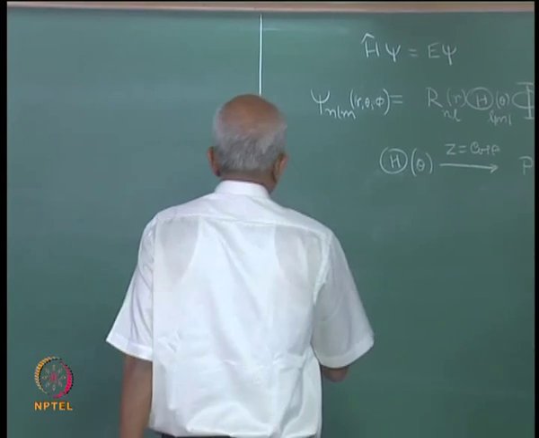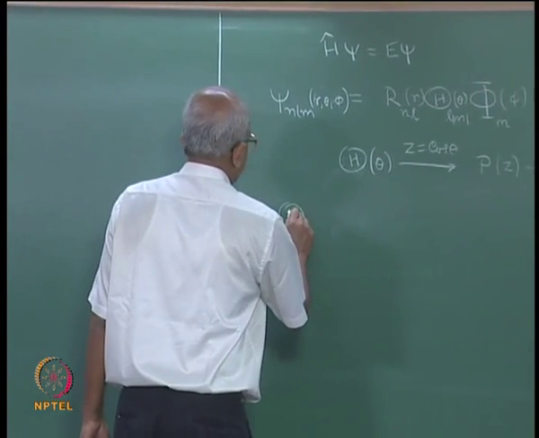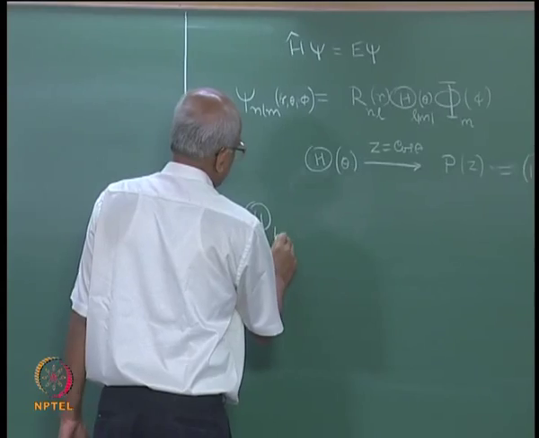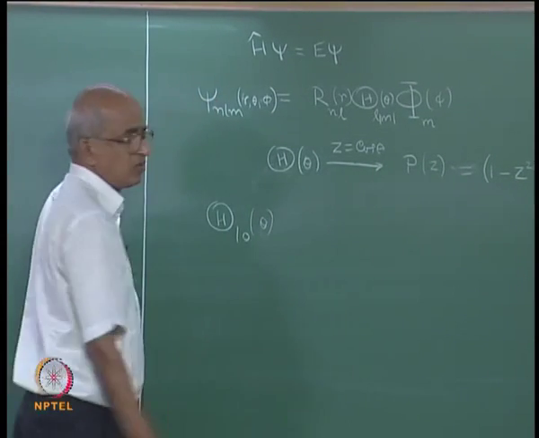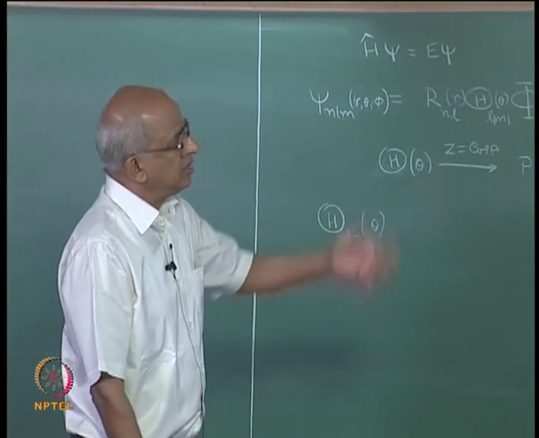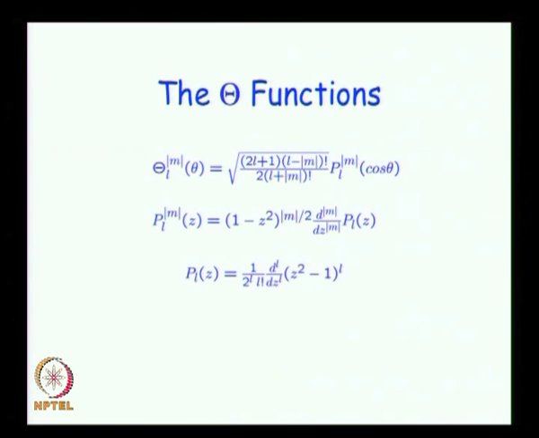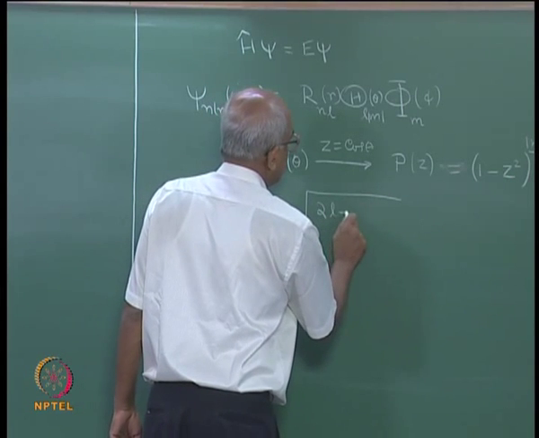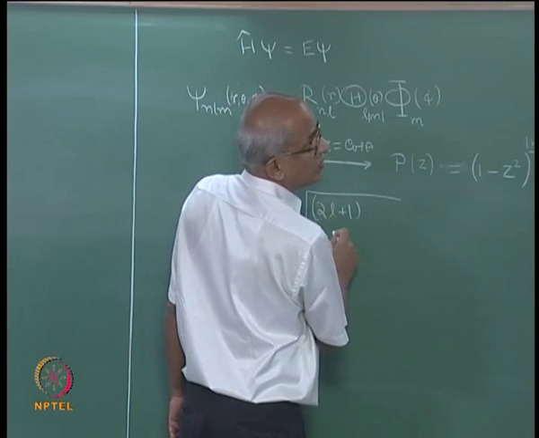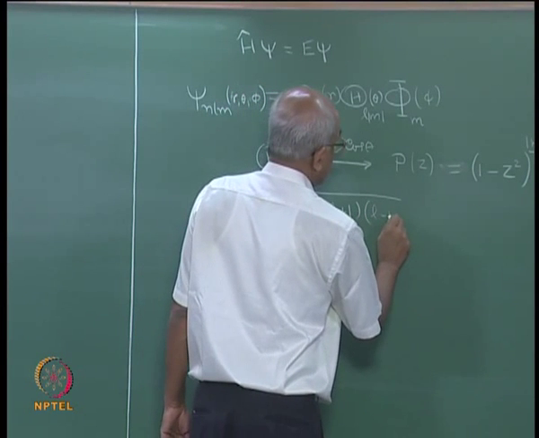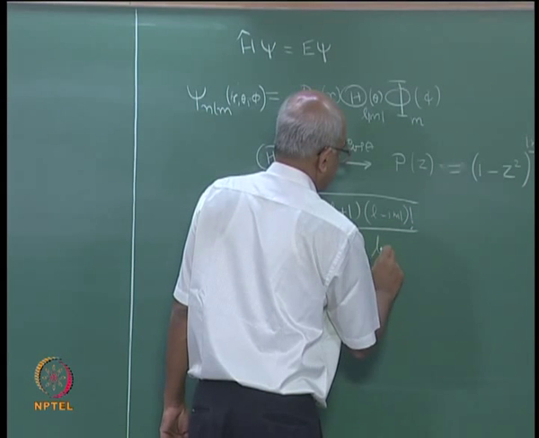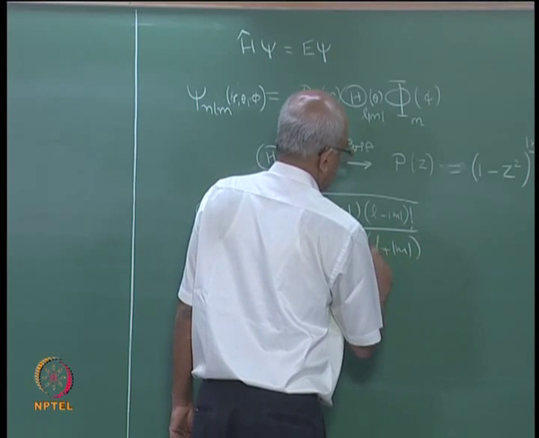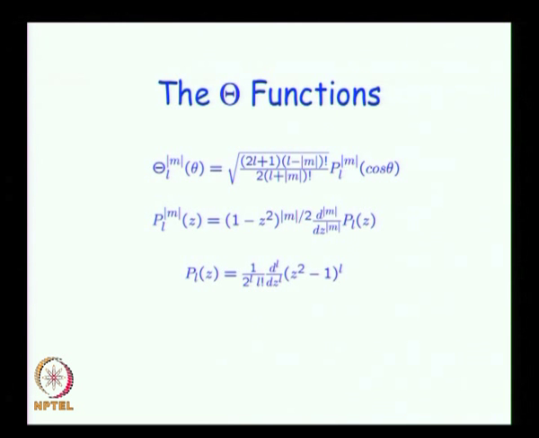For example, let me imagine that I am interested in theta 10 of small theta. Suppose I am interested in that. The formula will give me that square root sign. Why do you have this factor square root of 2l plus 1 into L minus m factorial divided by L plus m factorial, and there is a 2 here?